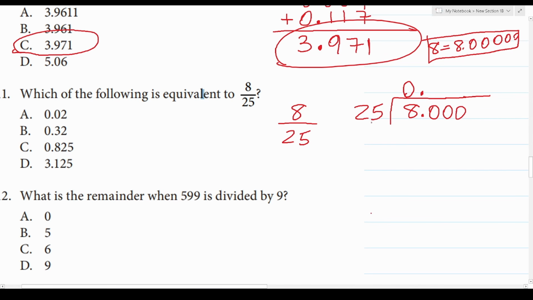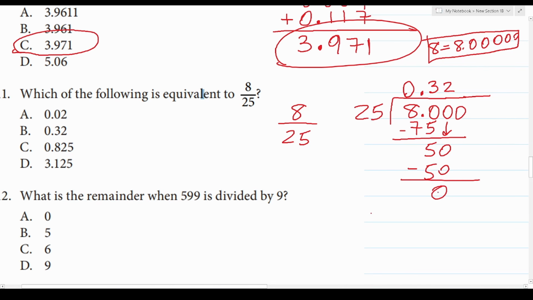Now the question is, how many times does 25 go into 80 without going over? Well, 25 times 3 is 75, whereas 25 times 4 is 100. So this is going to be 3. Again, 25 times 3 is 75. 80 minus 75 is 5, and we can bring down one of our 0 placeholders that we put up there. 25 goes into 50 2 times without going over. 25 times 2 is 50.